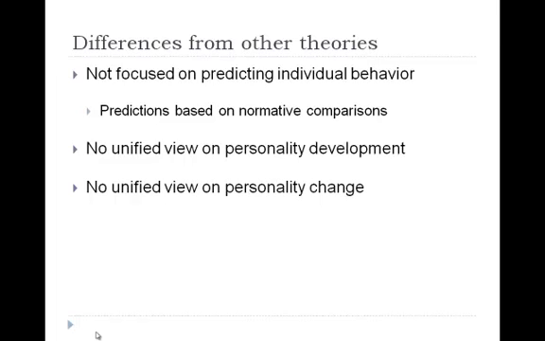This might be two very distinct understandings of why people change. So there's not one understanding of why you change on traits in general. Okay. So it's a little bit different than other approaches.